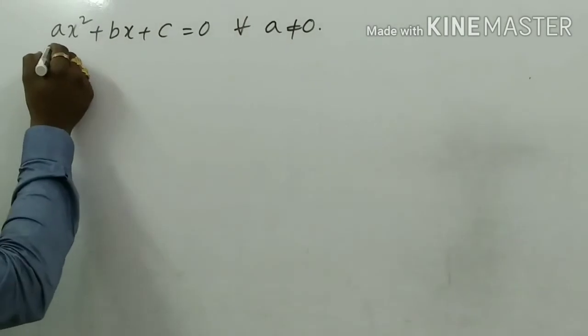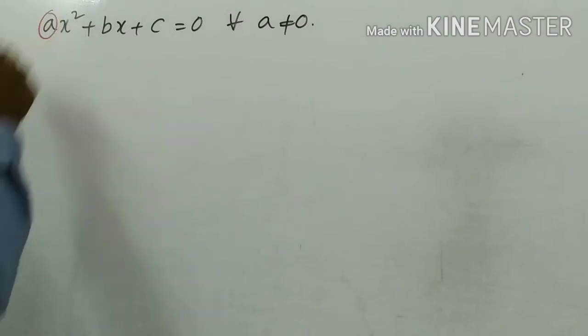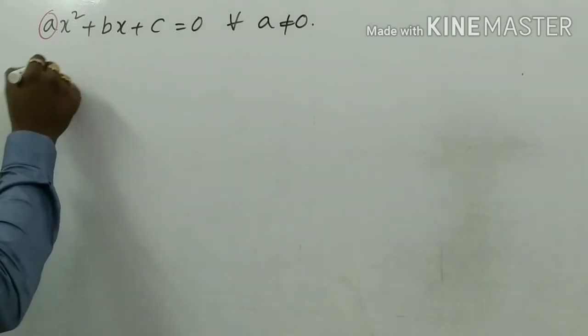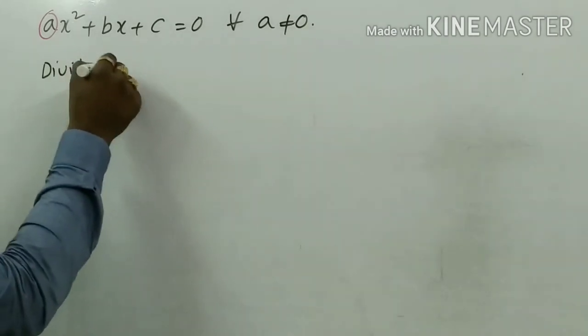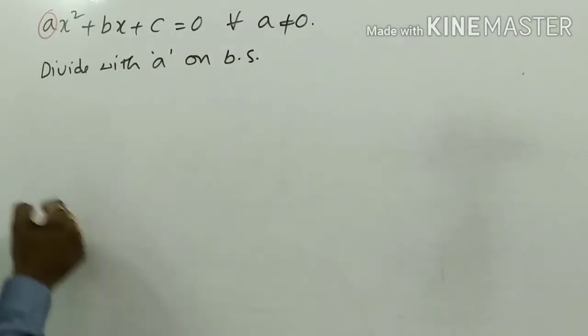Here you should see that the x² coefficient is always 1. Make it a monic quadratic equation, so divide by a on both sides.